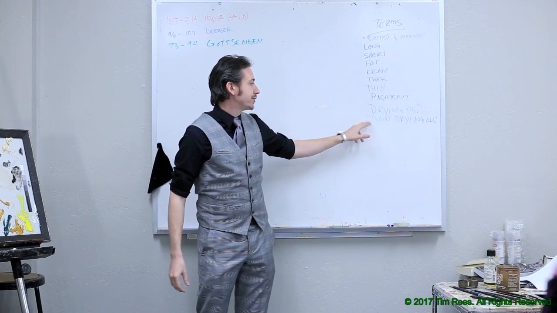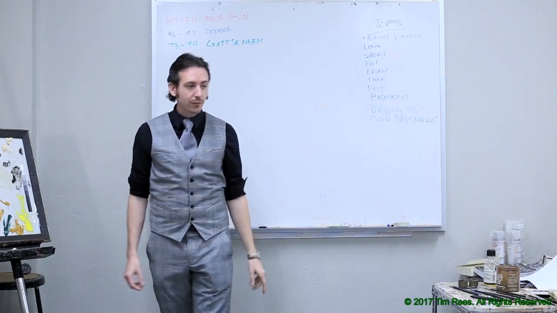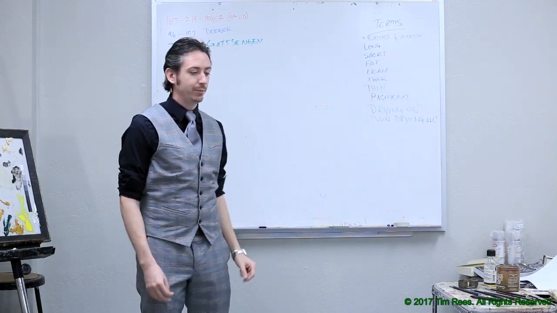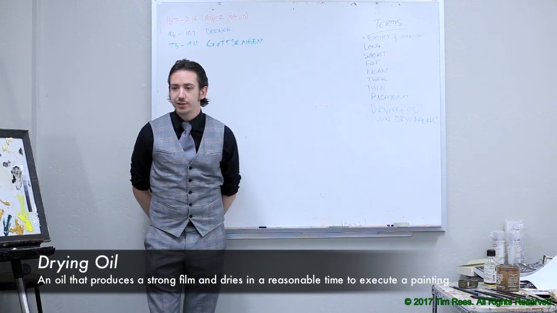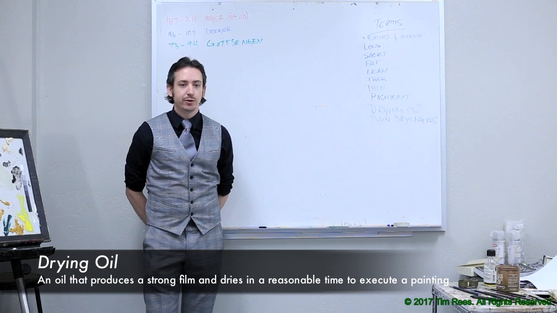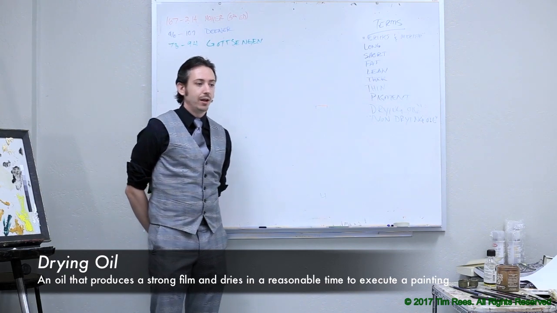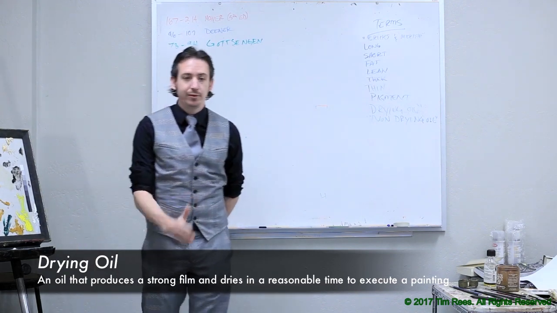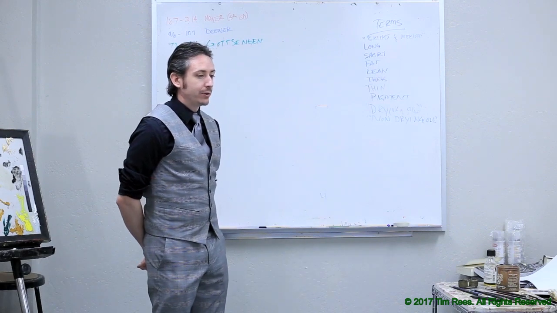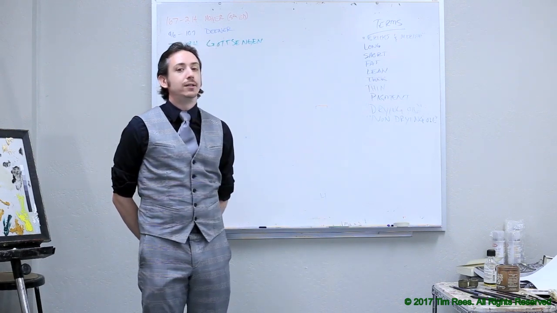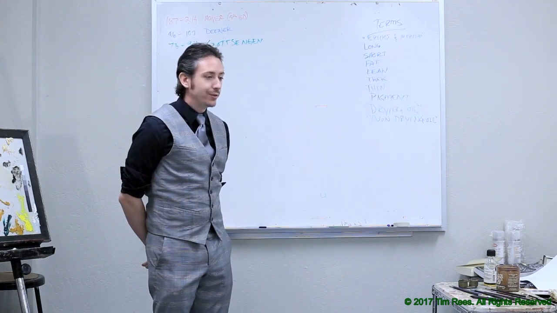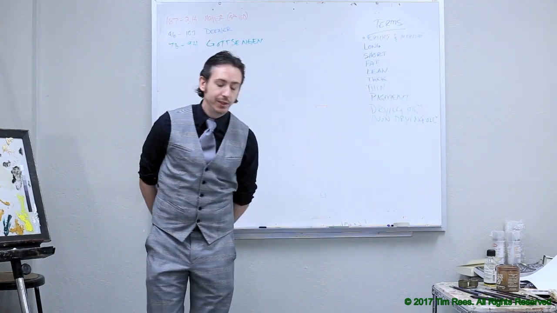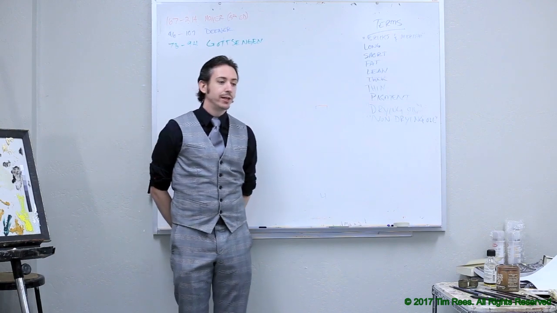A drying oil versus a non-drying oil. You'll hear those pop up in the books as well. A drying oil is something that we expect to dry in a relatively short amount of time to make a painting workable throughout the life and progression of a painting. So we're talking about linseed oil, poppy oil, or walnut oil. Those typical oils that you're going to see in the art supply store are drying oils.